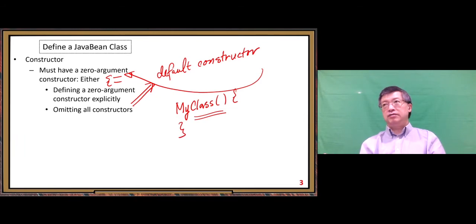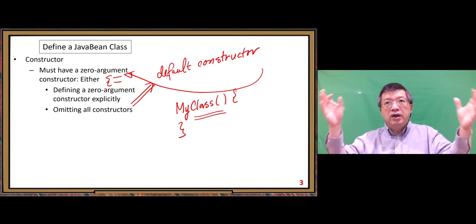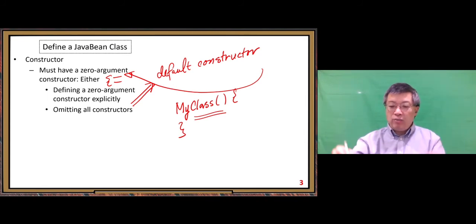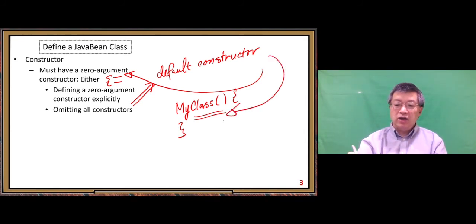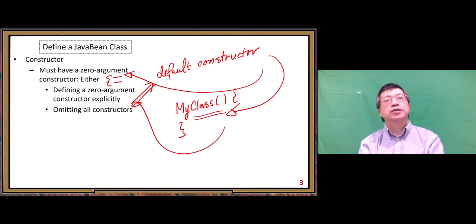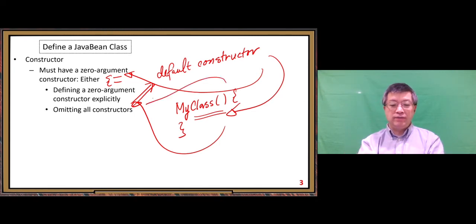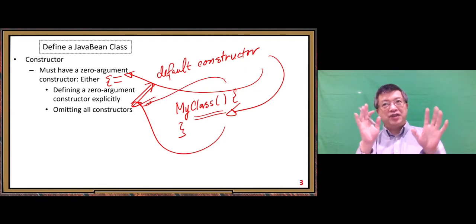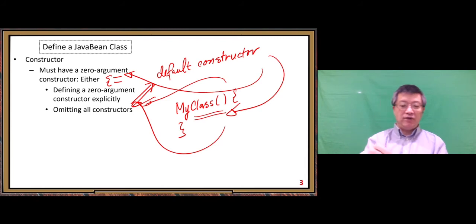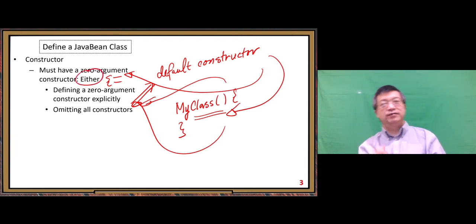If you omit all the constructors, Java will provide this default constructor for your JavaBean automatically. So you don't worry about whether you have the zero argument constructor. That's the rule: you take one of the two.